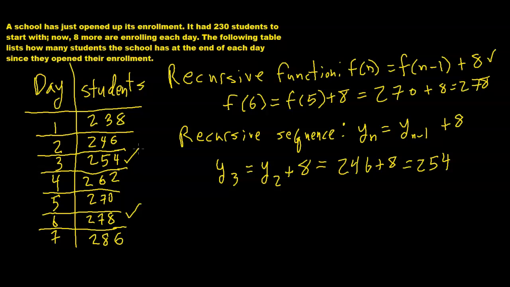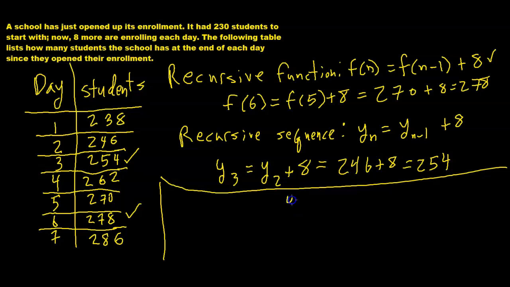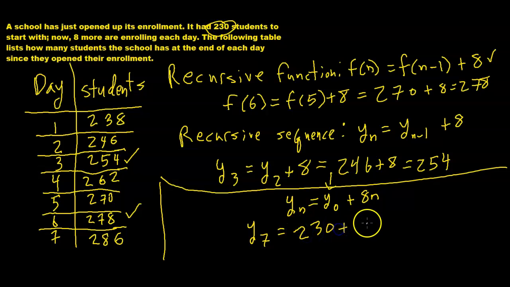Or we can write this non-recursively, right? We can write this in the form y n equals the initial value plus the common difference 8 times n, right? So if we wanted to know what is the value of y sub 7, how many students are enrolled 7 days after the enrollment began, we would try to find our initial value, the value we started with, which in this case is 230, plus 8 times n, and n is 7 in this case.